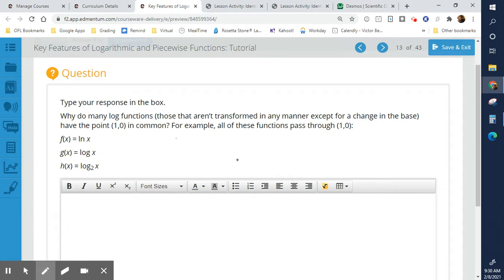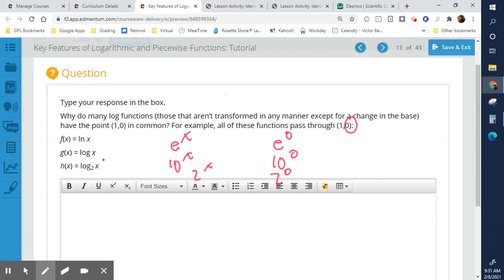So if we rewrite this as e to the x, or 10 to the x, or 2 to the x, if we write these out in exponential form, what's happening is we're really asking our y is our x. So e to the 0, 10 to the 0, 2 to the 0. So if we do the inverse of this, which is the exponent form, the y's are our x's.